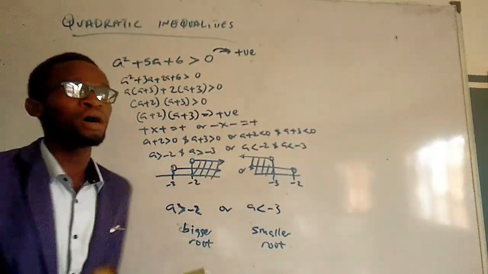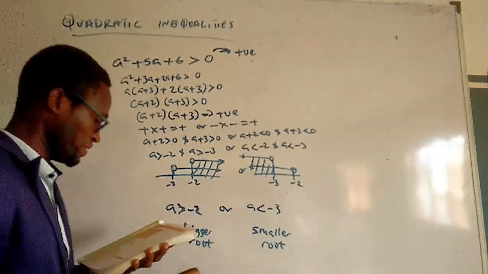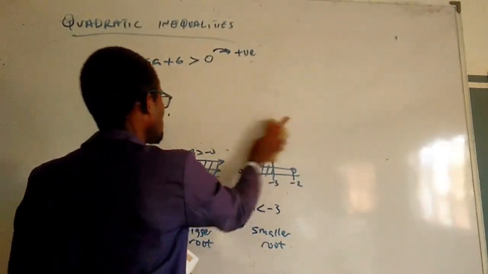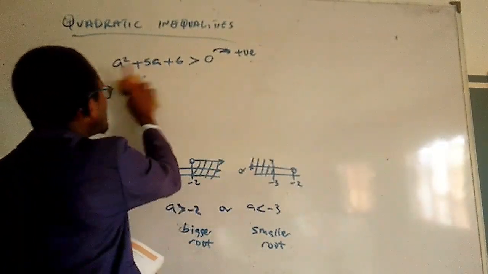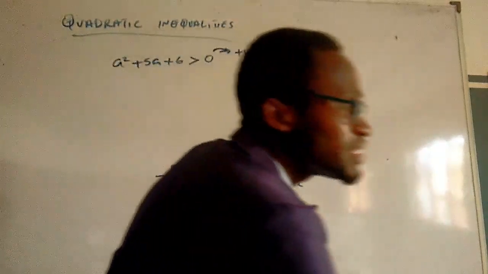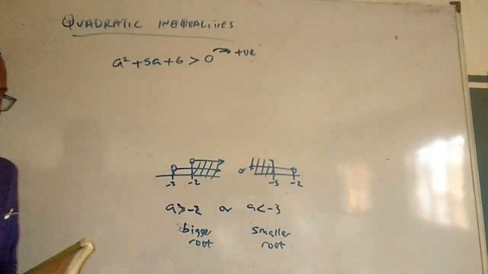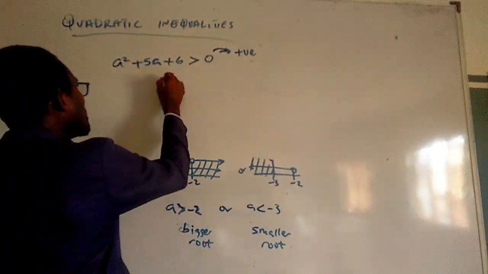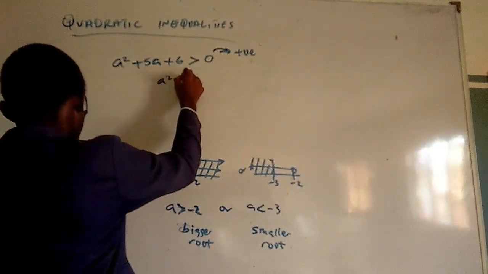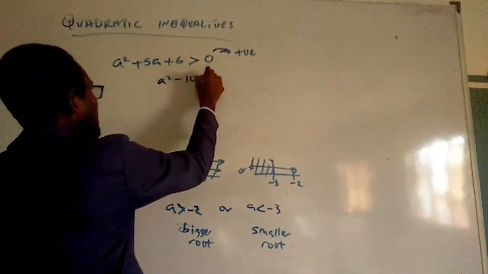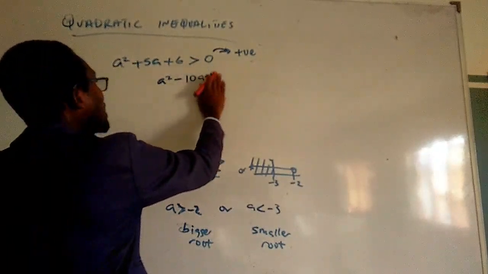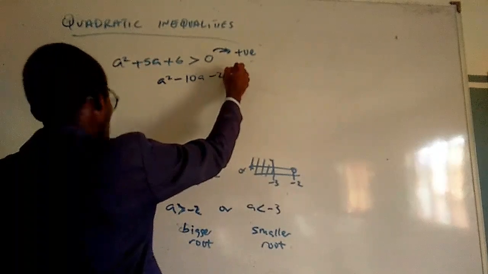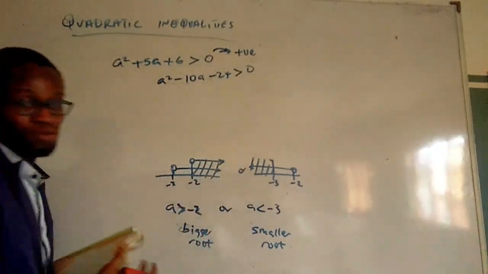Now let's say that we are having a question like this. A squared minus 10a minus 24 greater than 0.